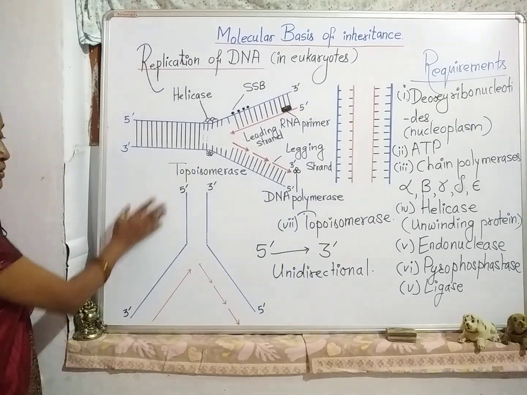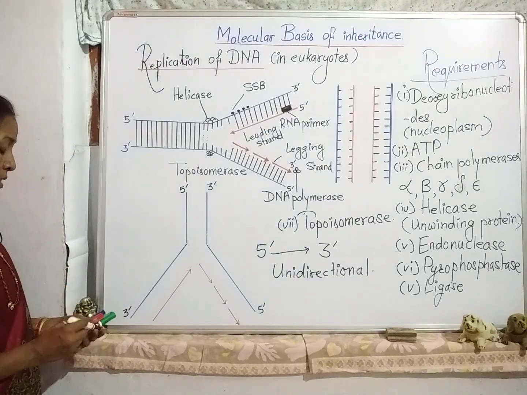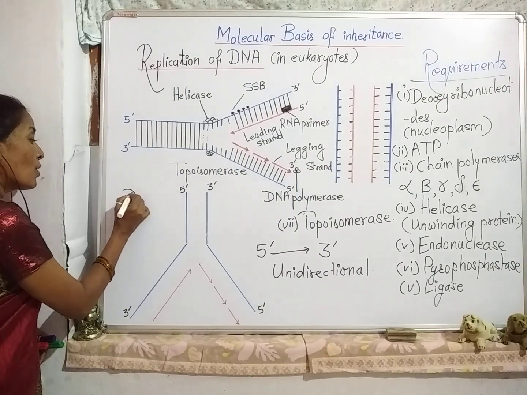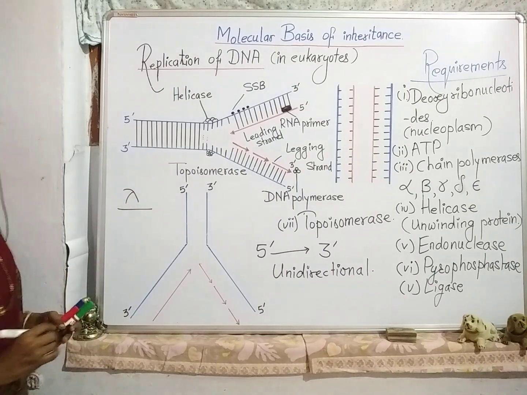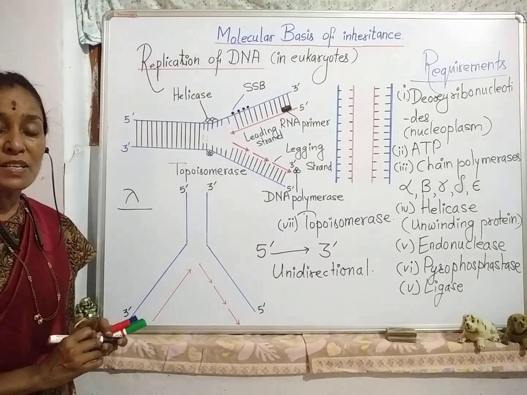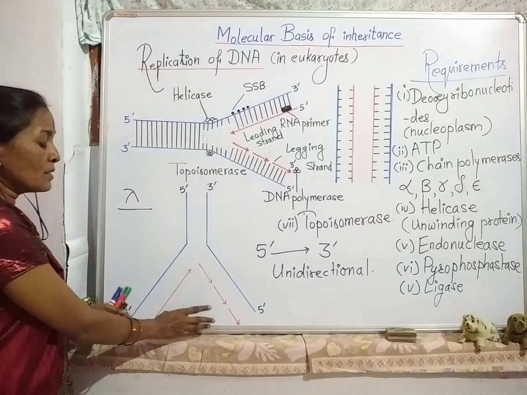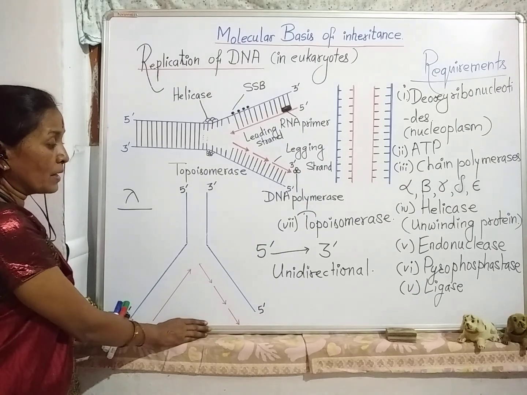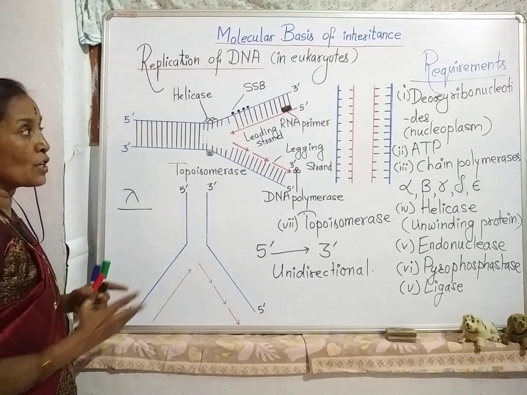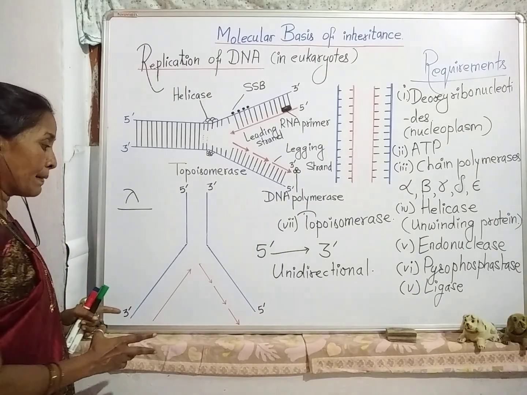Here also, this is the inverted Y-shaped model which was studied by the Japanese scientist Okazaki. Okazaki said that this Y-shaped model indicates the replication manner of DNA.